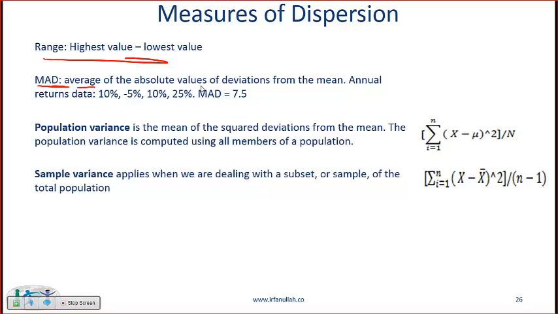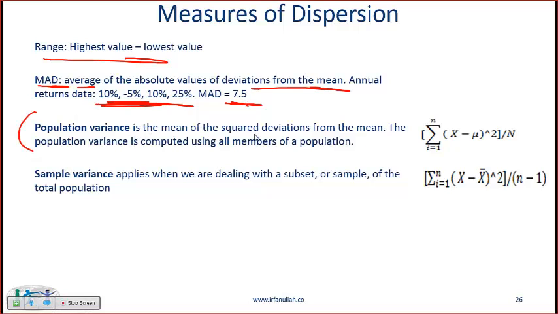So average of the absolute values of deviations from the mean. So you find the mean, and then you find all the deviations from the mean, take the absolute values, which means that minus numbers become plus numbers, and then you find the average of those deviations. And you can do that with these numbers, and you should get a mean absolute deviation of 7.5.